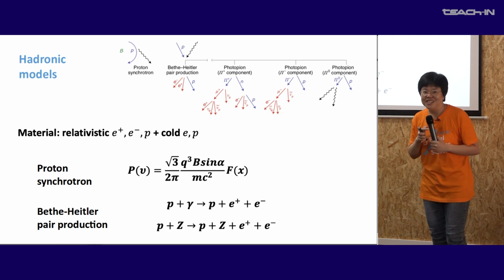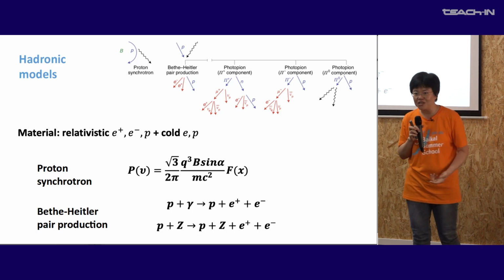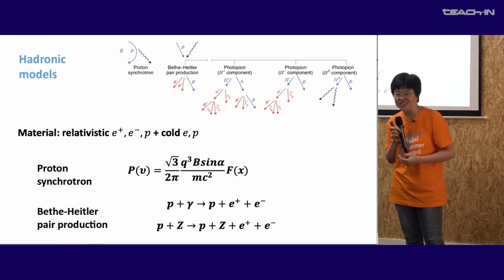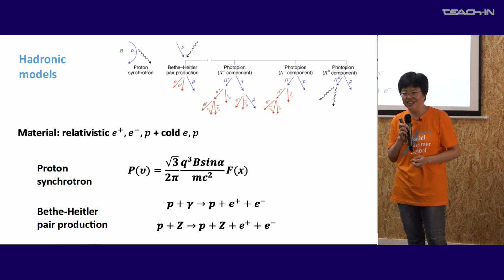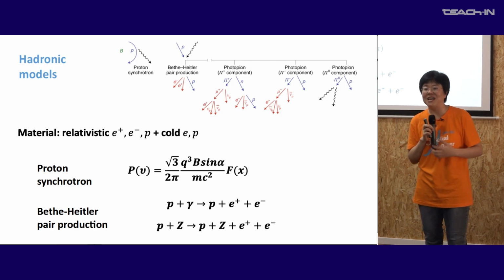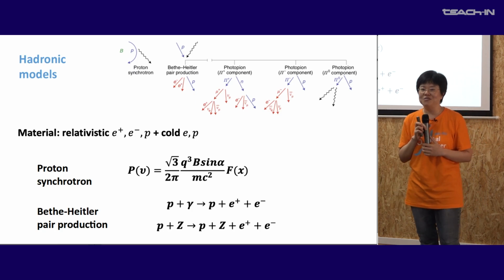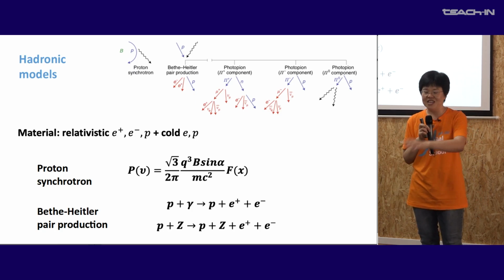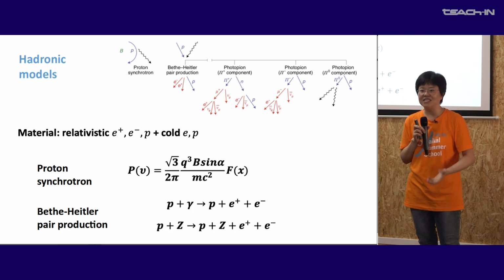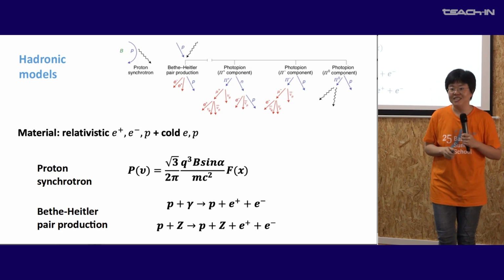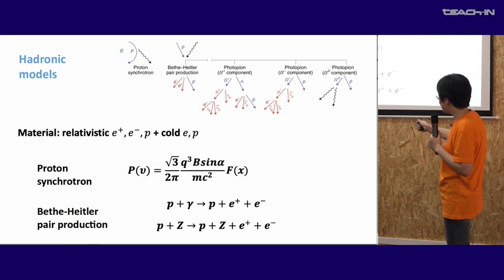So which one emits more synchrotron radiation, electron or proton? Electron, right? They have less mass. So normally we will say, even if we have some protons in the jet, they have a smaller contribution because their mass is too big. Okay, that's the proton synchrotron.